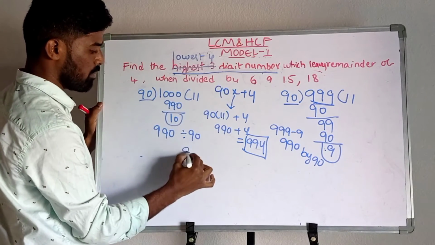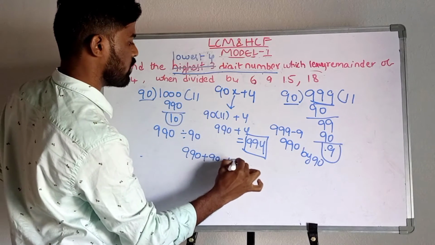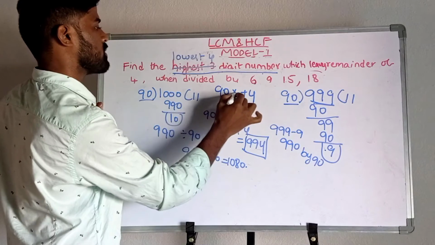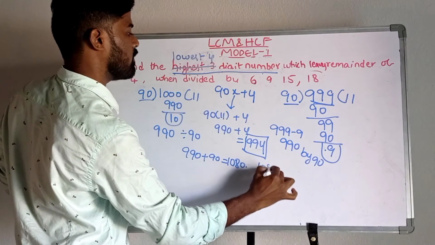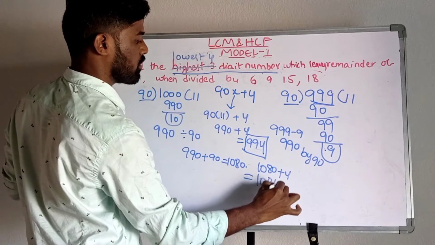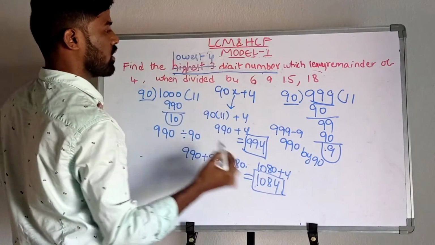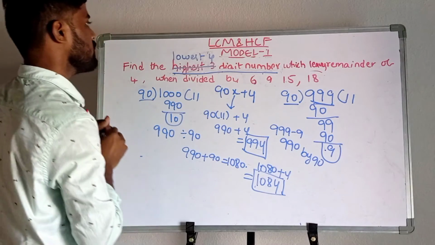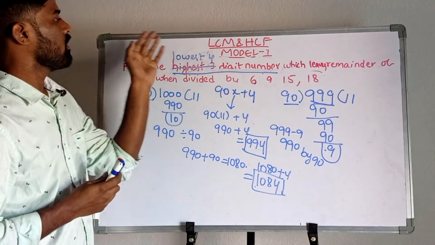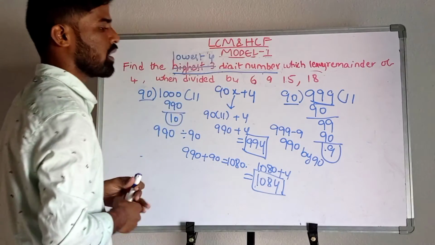The next number is 990 plus 90, which is 1080. That means we can substitute x as 12, which will become 1080 plus 4, which is 1084. The lowest 4-digit number is 1084. These are the problems we can expect from model 1. Next we will discuss model 2.